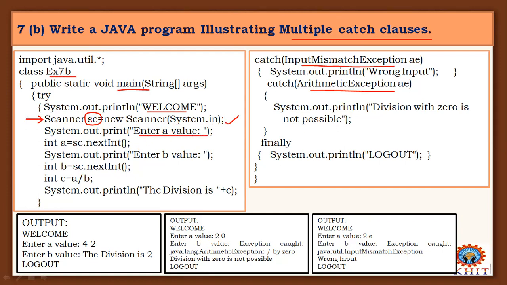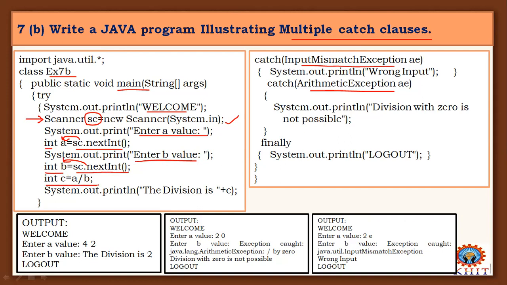Then we use this scanner object to read the integer value from the keyboard, and that value is loaded into a variable of type integer. The same way we have enter p value. So int p equal to scanner object dot nextInt. So the second value read from the keyboard is loaded into the p variable.